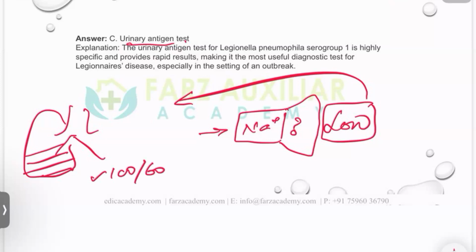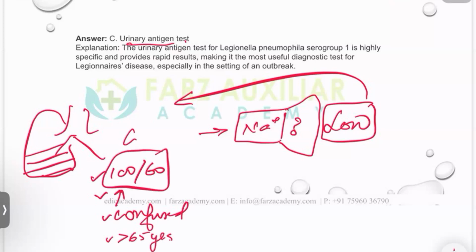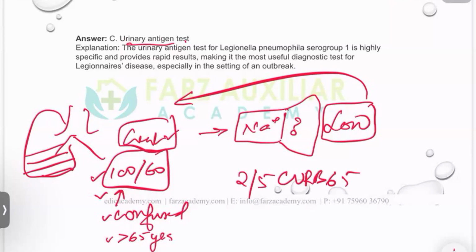Their respiratory rate is increased. They are usually confused, and they are usually more than 65 years of age. But their BP is usually normal, and their creatinine is also normal. So this patient usually falls in the category of 2 by 5 CURB-65. But their confusion usually adds up and makes it 3 by 5. But their confusion can be due to hyponatremia.